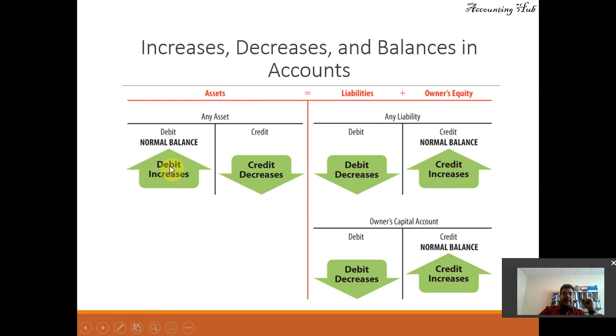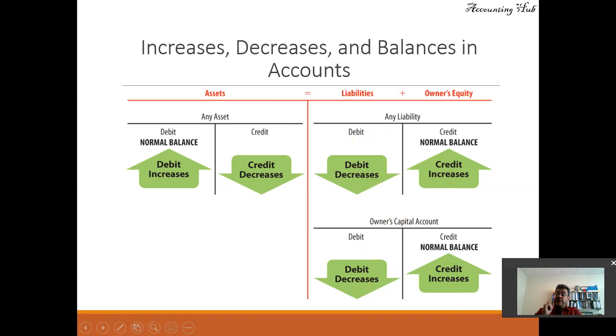So normal balance, debit increases asset, credit decreases asset. Liability, debit decreases liability, credit increases liability. Owner's equity, the same, debit decreases, credit increases.